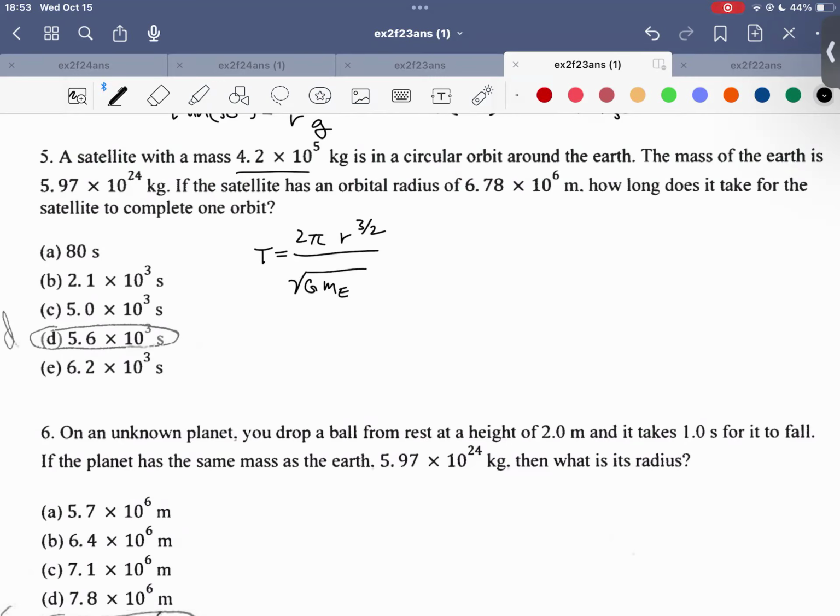Either we'll use this formula, or we're gonna use this formula, right? Those are basically our two possibilities. But just looking at this, because it's a satellite orbiting the Earth, we're gonna pick this one.